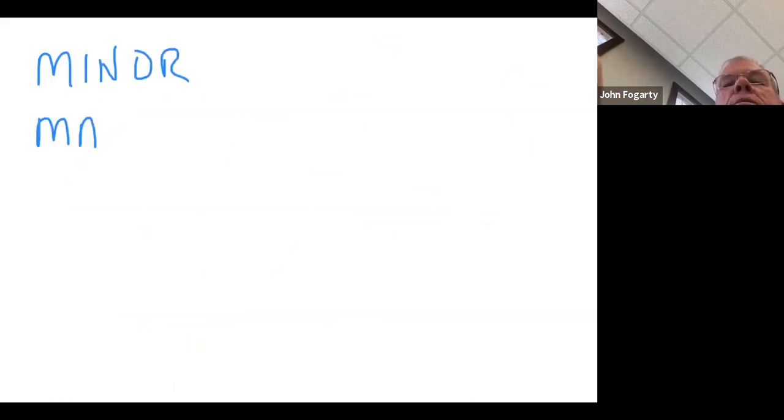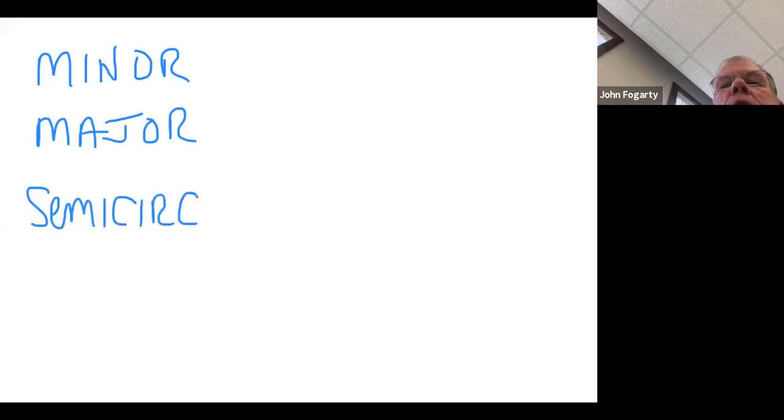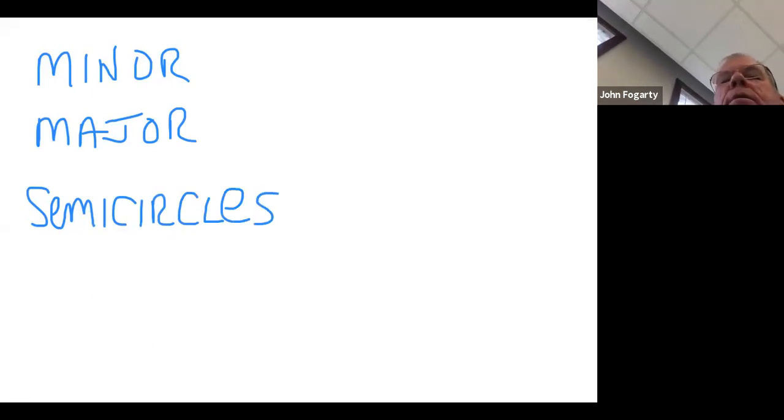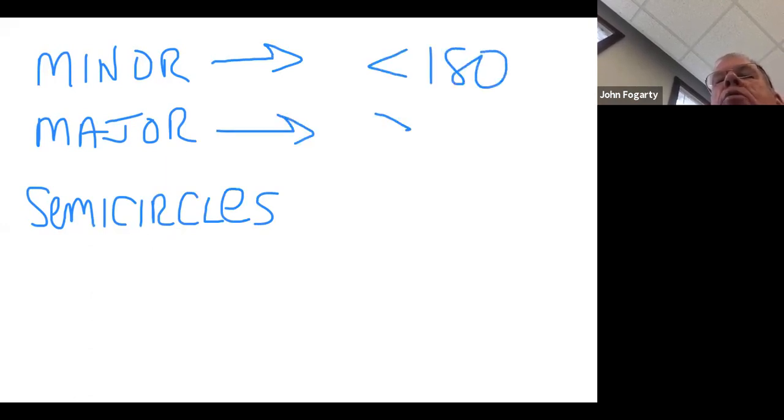All righty. So here's what we know. Sometimes we have minor arcs. Sometimes we have major arcs. Sometimes we have what we call semicircles. And those are all cut by central angles. A minor arc will always be less than 180. A major arc will be greater than 180. And a semicircle will be equal to 180.